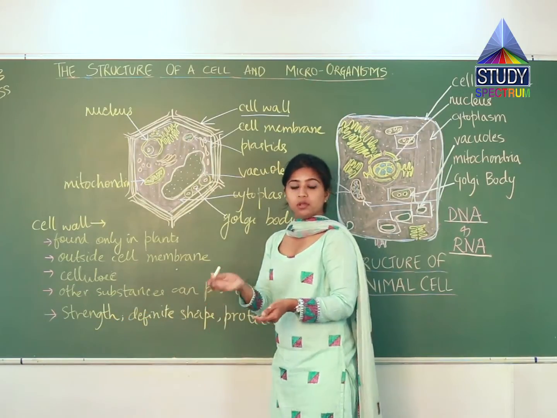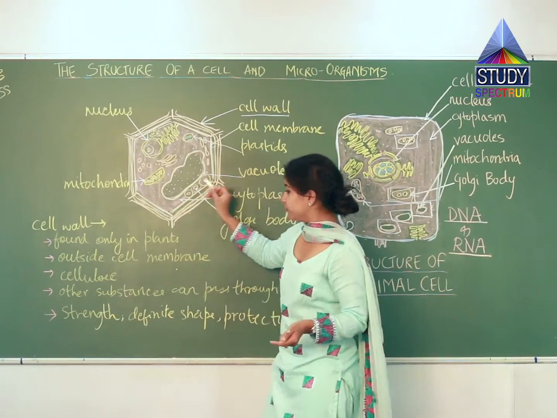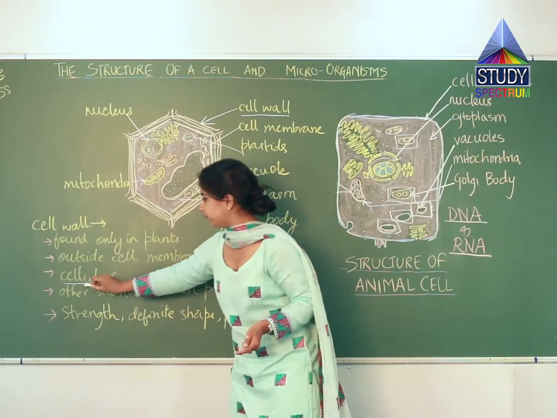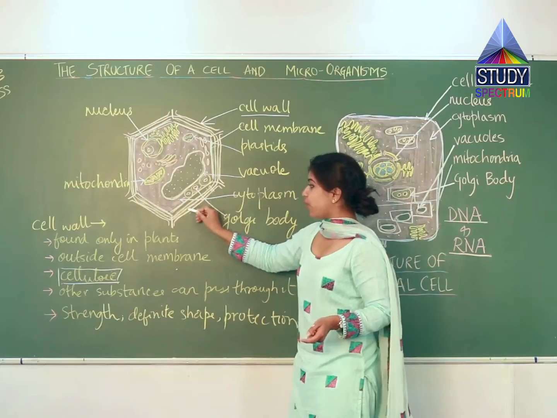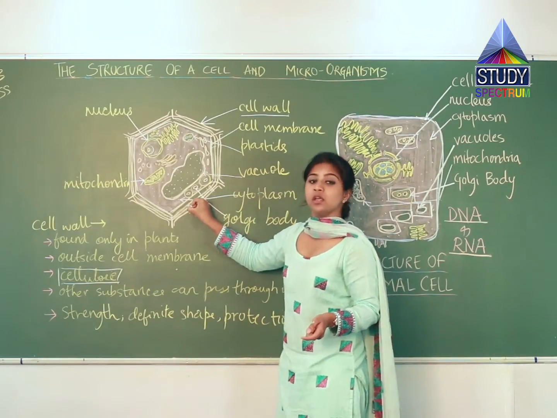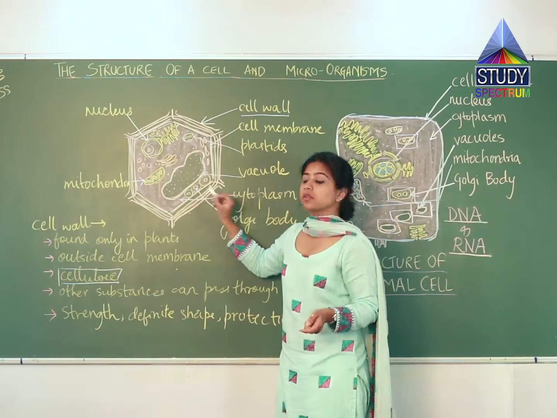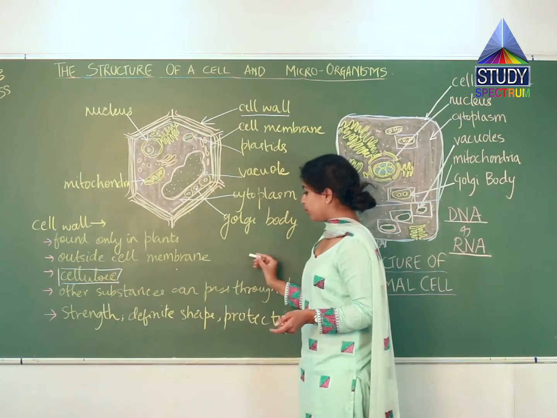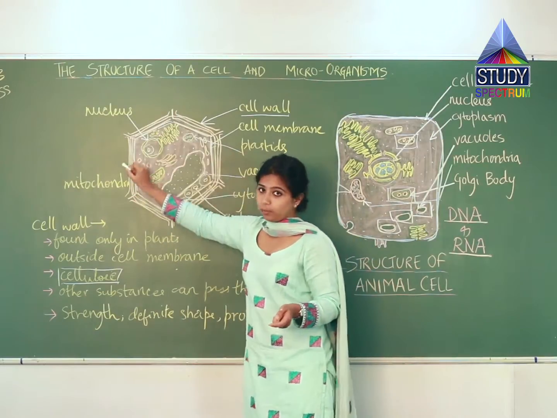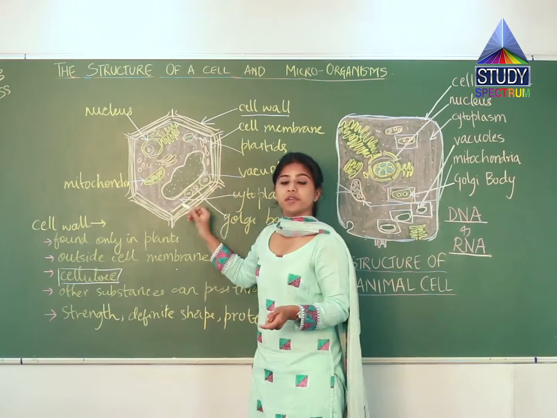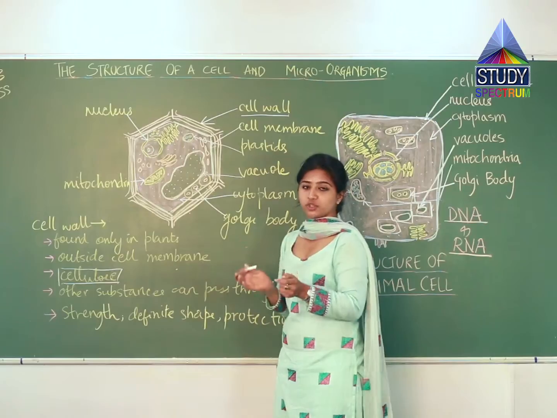Plants cannot locomote, so this rigid structure, made up of cellulose, is responsible for providing protection to the inner part of the plant and giving it cell strength. This cell wall also gives the whole plant cell a very definite shape, because of which they can maintain their shape and structure.